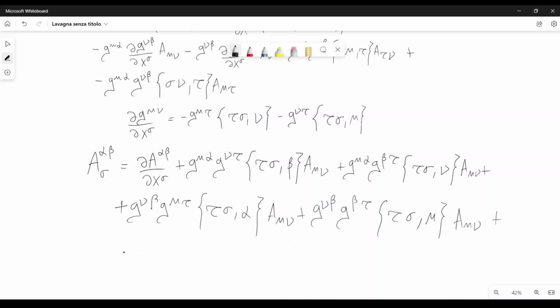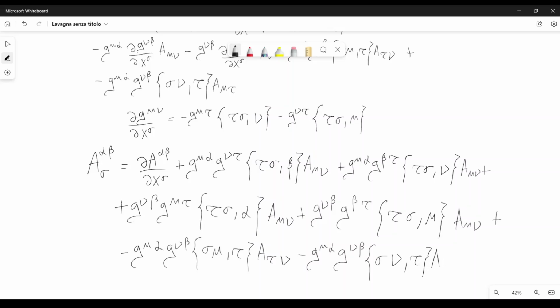Plus minus g^{μα} g^{νβ}, these are upper indices, times Γ^τ_{σμ} A_{τν}, minus g^{μα} g^{νβ} which multiplies Γ^τ_{σν} times A_{μτ}, like this.